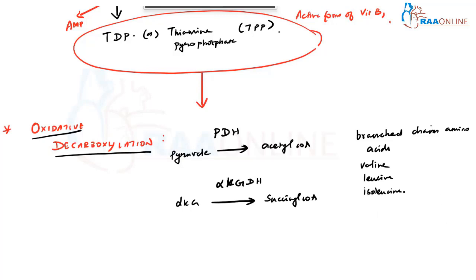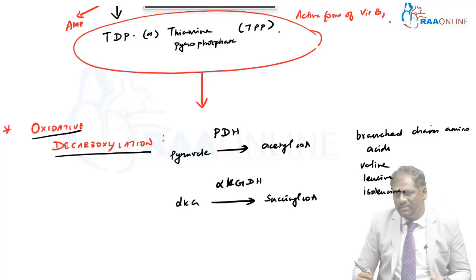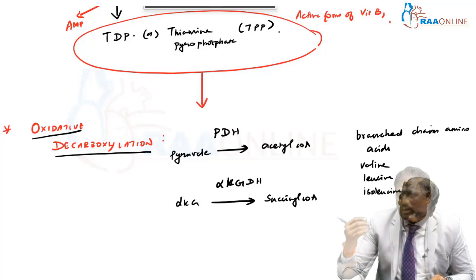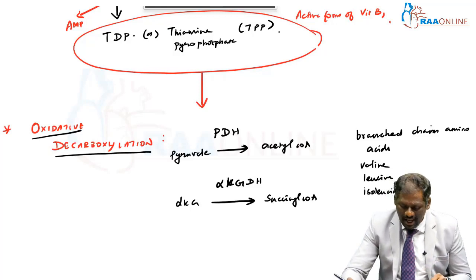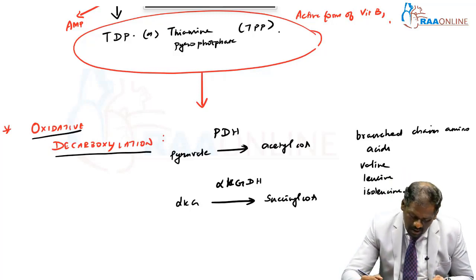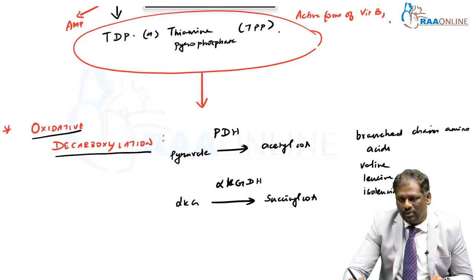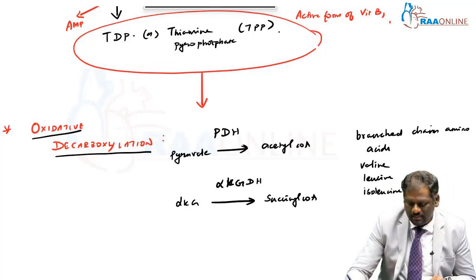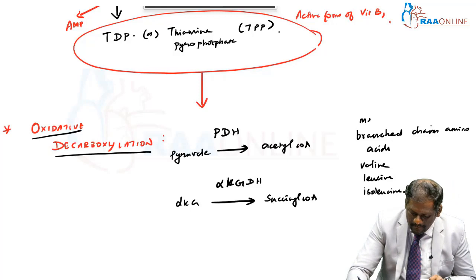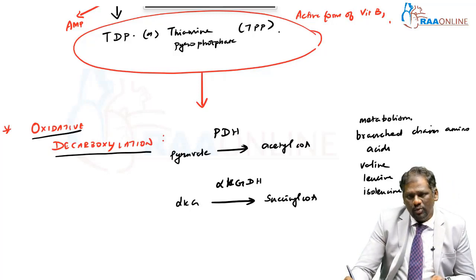These branched chain amino acids will be converted into their corresponding keto acids. In case of valine it is isovaleric acid, in case of leucine it is isoleucine, and this kind of conversion happens in the presence of thiamine pyrophosphate. So it helps in the metabolism of branched chain amino acids.